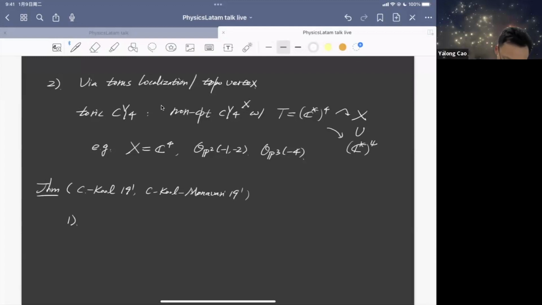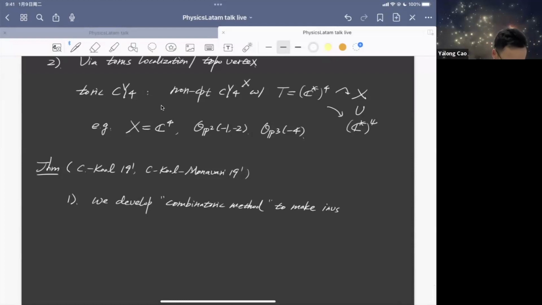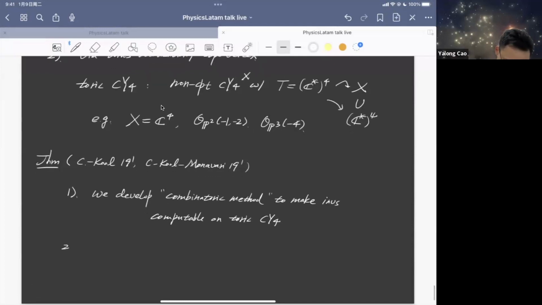The statement is that we develop a combinatorial method to make invariants computable on toric Calabi-Yau fourfolds.